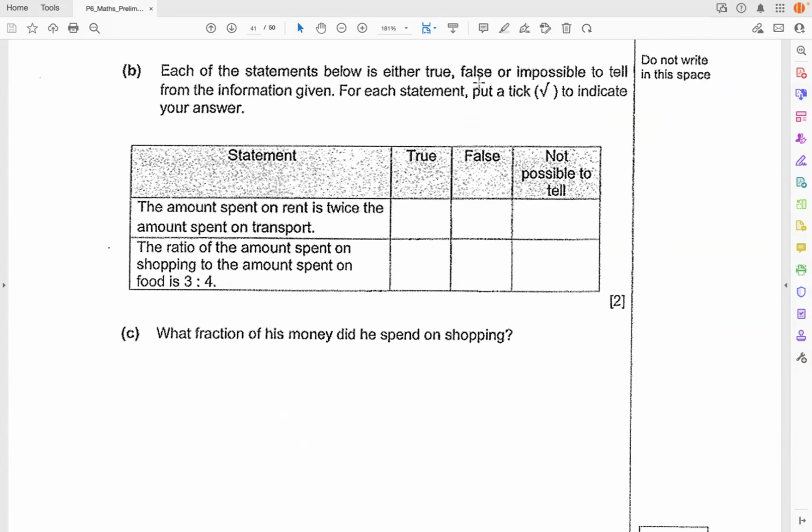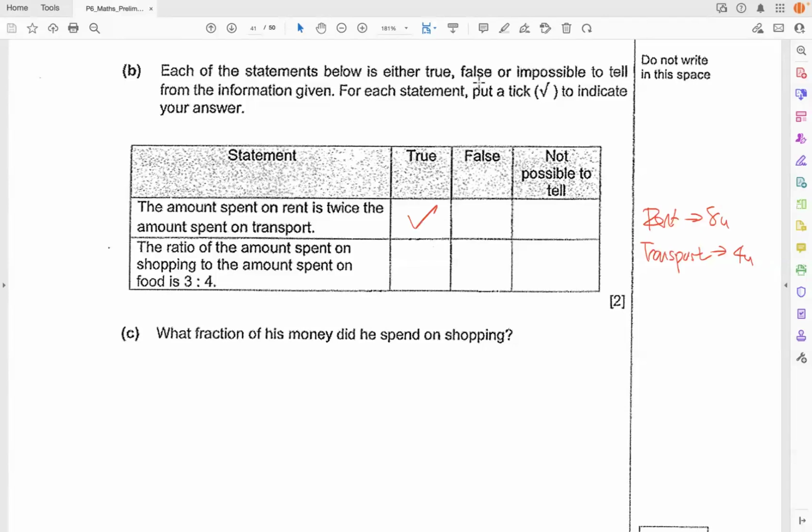So if I draw the bar chart, the rent was 8 units, the transport was 4 units. So it is true, twice.